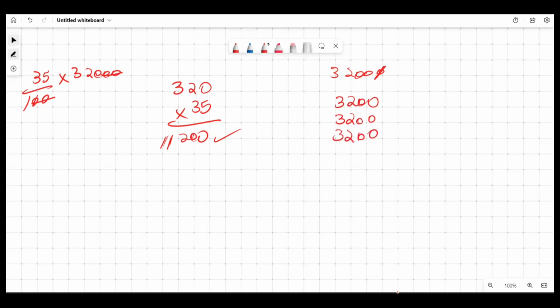And half of this, right, is 1,600. That's 35%. Half of 10 is 5, 35. I'm saying people do this. So when you add up everything, you're getting back 11,200 just the same.